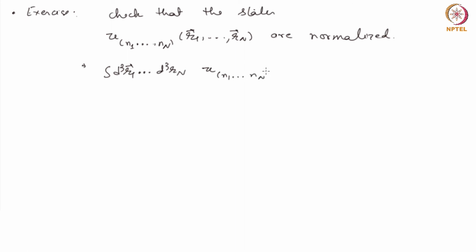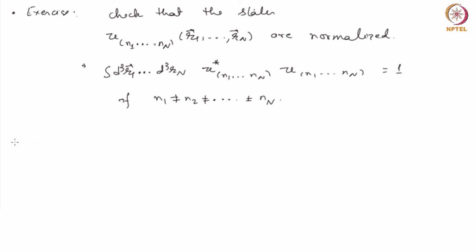I'm suppressing r1, r2 now. You get 1 if n1 is not equal to n2, if none of these are equal. So that is one thing you should show.